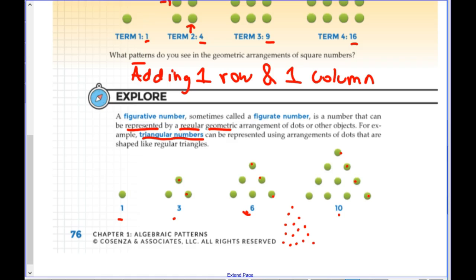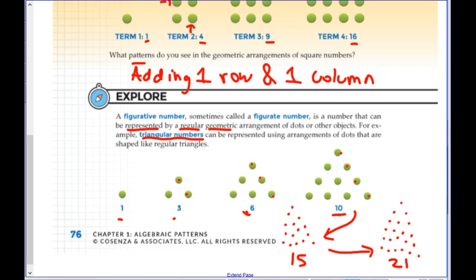So the next one will be, okay, if you counted all that up, if we added 5 to 10, we get 15 counters, okay? Now, if I added 5 to that, the next one I'm going to add 6. So if I counted up all those counters, I'd get 21, okay?